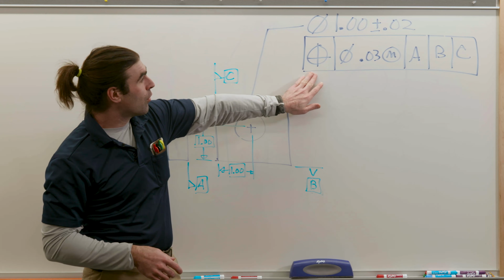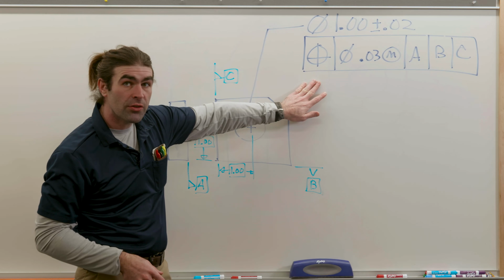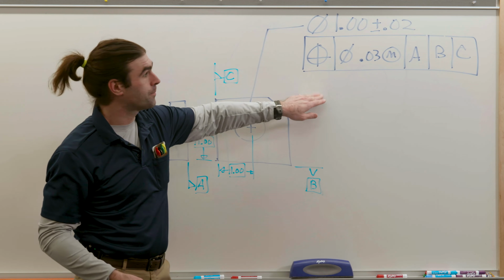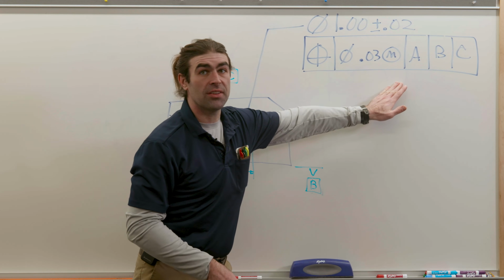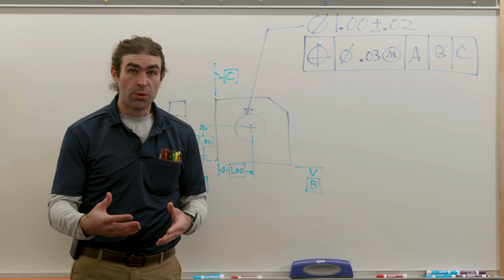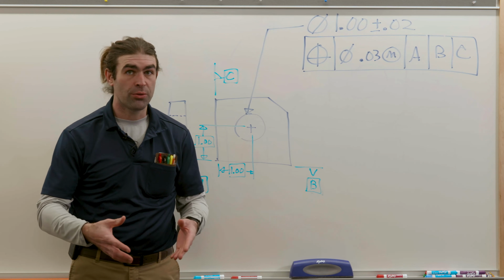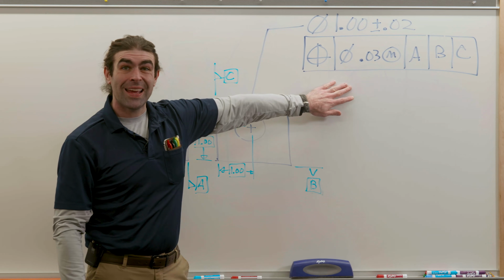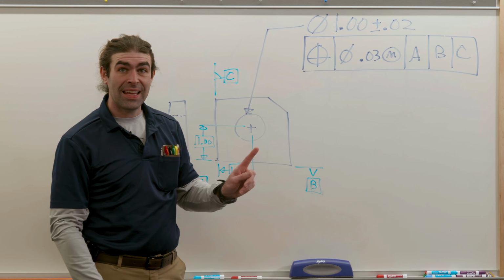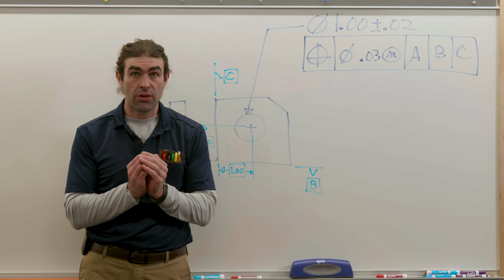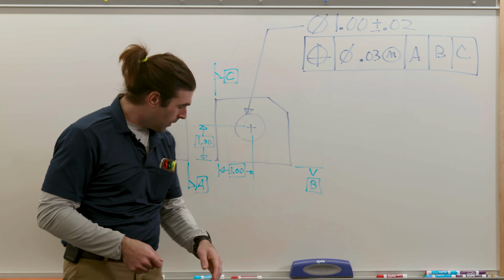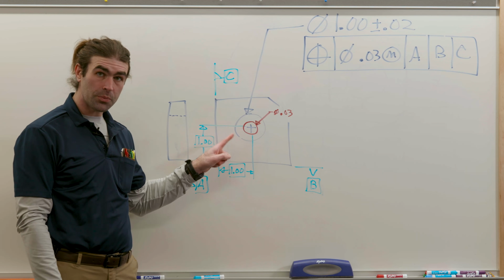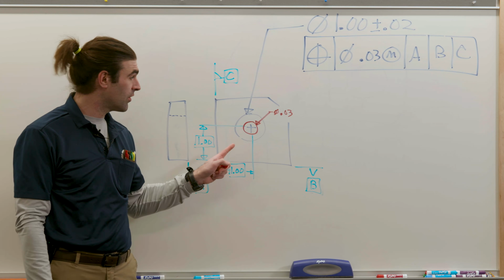So our feature control frame, like I mentioned, the first block is the geometric characteristic symbol. The next block is the tolerance and associated adjectives to the tolerance. So in this case, with position, we have a diameter symbol here to indicate that the tolerance zone is a cylinder. So you can imagine there's a cylinder of 30 thousandths centered where these basic dimensions terminate.